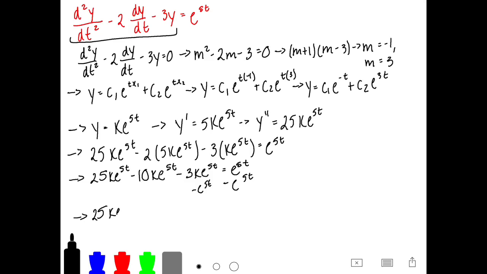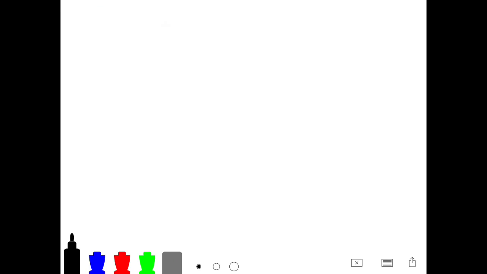And you're left with 25k e to the 5t minus 10k e to the 5t minus 3k e to the 5t minus e to the 5t, which is equal to 0. And then once you combine all the like terms, you're left with 12k e to the 5t minus e to the 5t equal to 0.